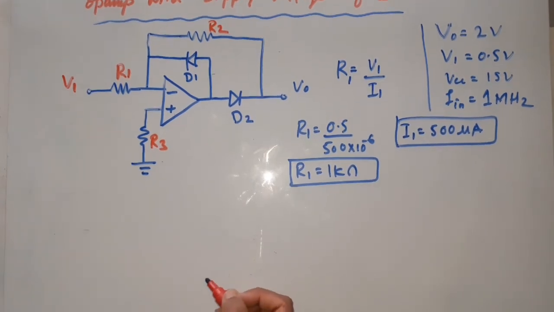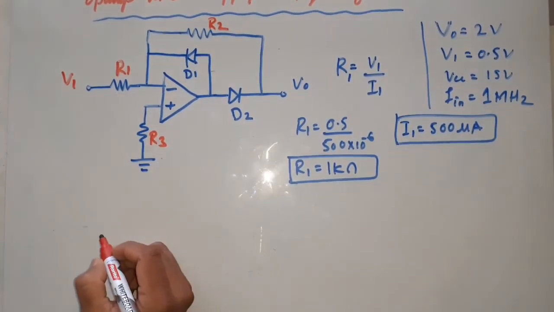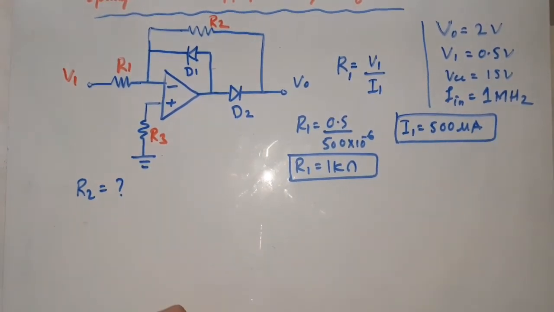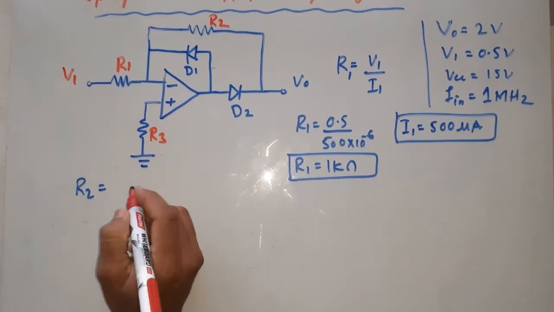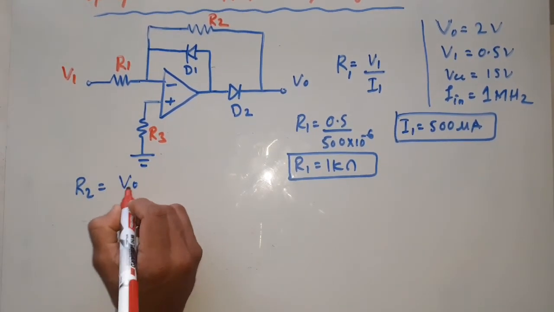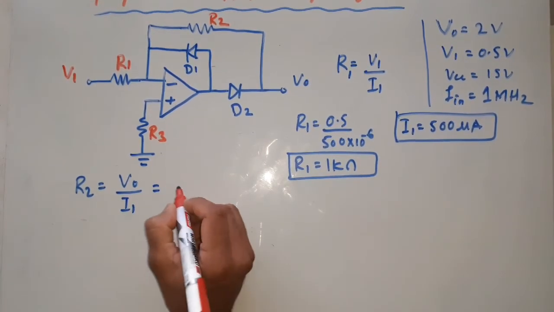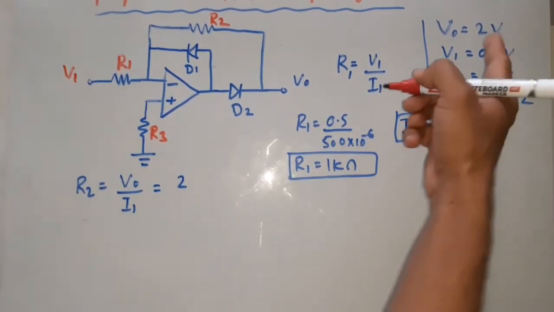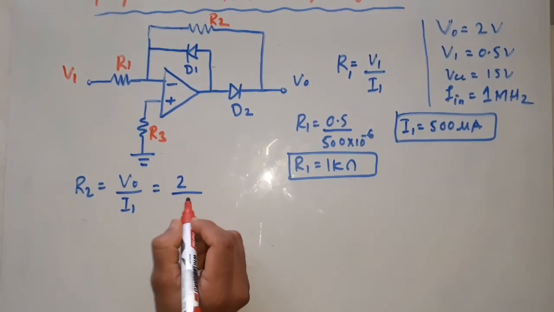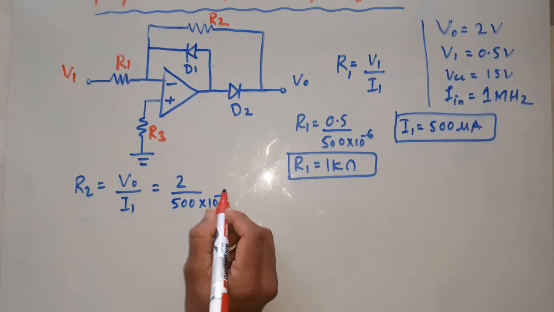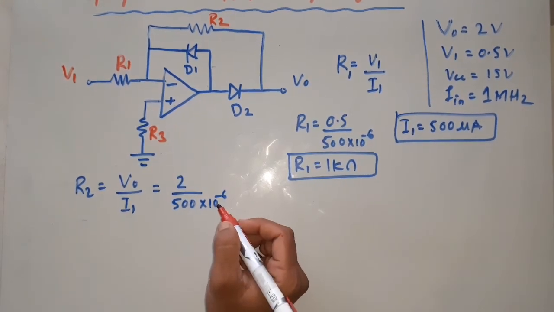Next, we shall find out R2. How will you find R2? R2 is our feedback resistance. The voltage across R2 is V0 by I1. The output is given as 2 volt, and I1 is the same 500 microamperes.